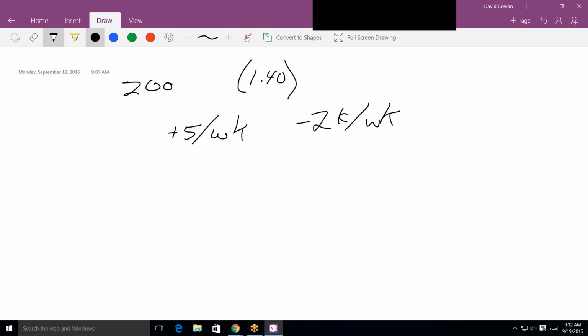In other words, I'm going to divide $1.40 by 2 cents, or 140 cents divided by 2 cents. So in 70 weeks' time, the pig won't have any value. Not quite sure why that's the case. Maybe that's the way that market works.